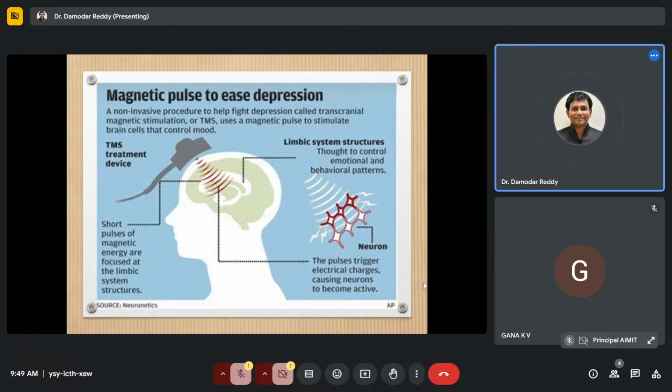Then they take the signals before and after the treatment, and over a time interval of maybe 3 to 4 months, you can have a clear picture of how it improves the limbic system structures, how the performance or cognitive functions of the human brain are improved, and how the person has used this TMS device to ease his depression.